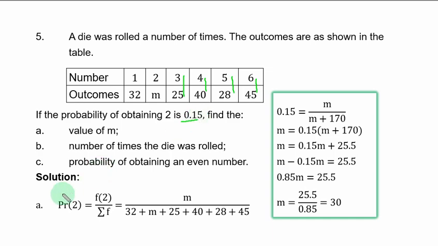So you have A, probability of obtaining 2 is equal to the frequency of 2, how many times 2 occurred, over the sum of frequencies. From the table, 2 occurred m times.